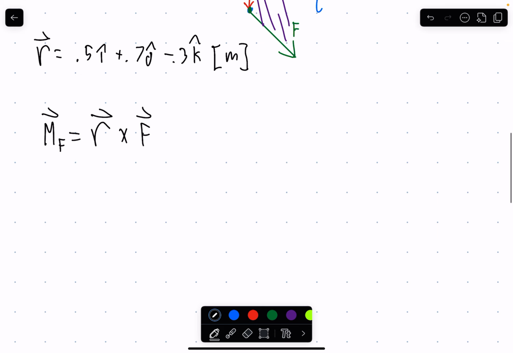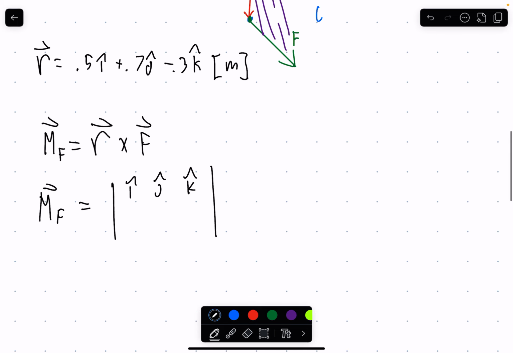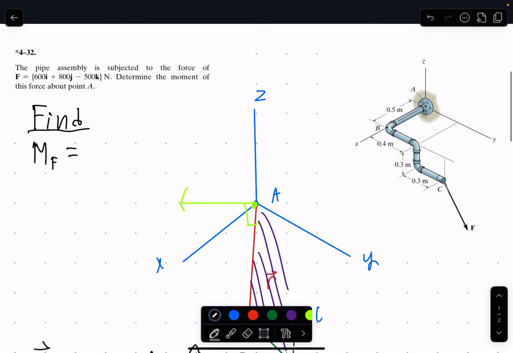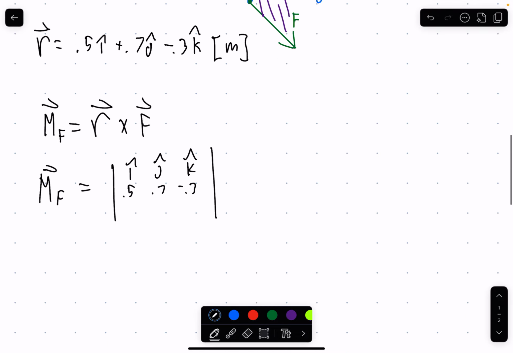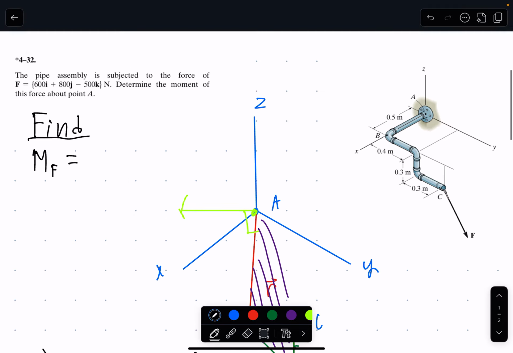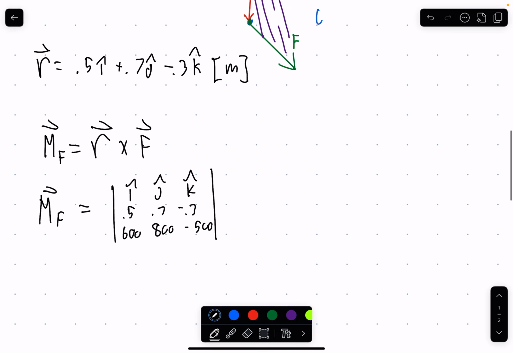So we're going to set up our 3x3 determinant, with the i hat, j hat, k hat vectors on top, position vector r: 0.5, 0.7, negative 0.3, and our force vector: 600, 800, negative 500. We can factor out the units. They're given in newtons, so the result is in newton meters.